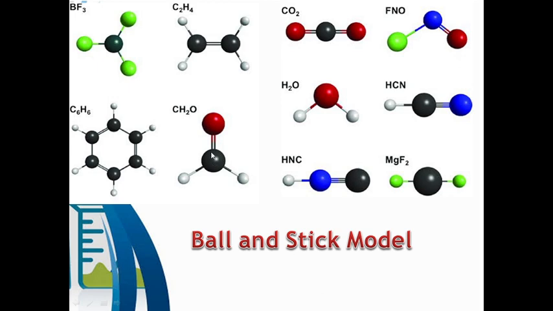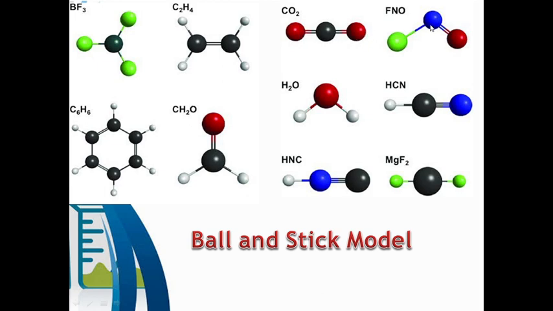Always remember that the carbon is always the central part of a structural formula. So here's the carbon. We have the 2 hydrogen and 1 oxygen. Oxygen is color red. Next, we have the carbon dioxide. The carbon is always in the center, and the 2 moles of oxygen.